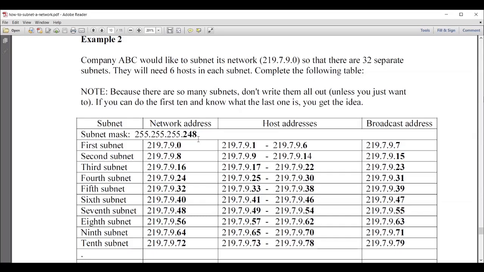So how is this 248 coming? 128 is there, 64 is there, then 32 is there, and 16 is there. So altogether, if you calculate it, you can get this value: 128, 64, and 32 plus 16.